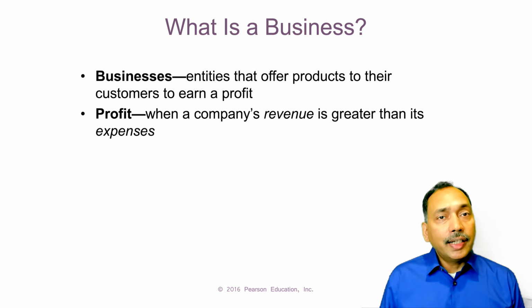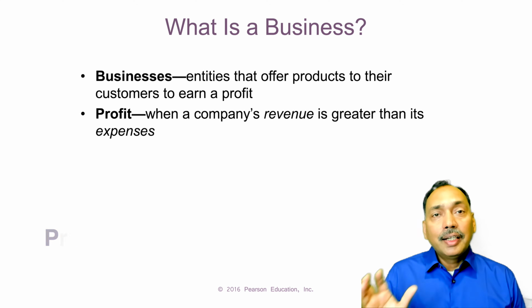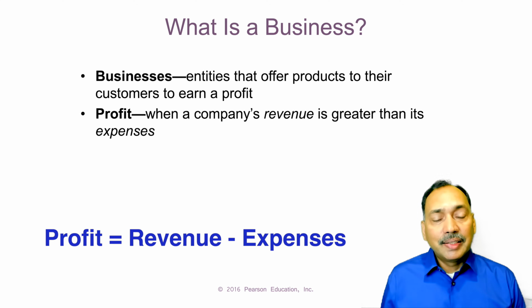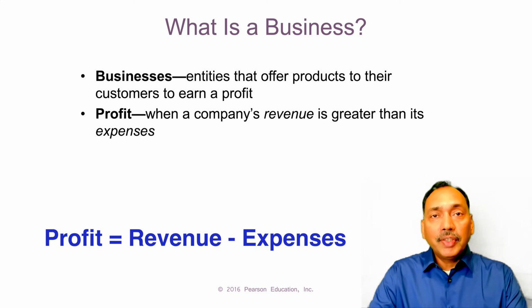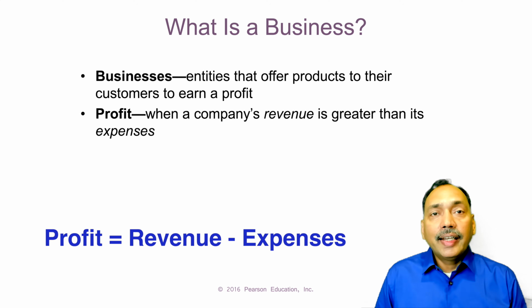So naturally, the next question is what is profit? A very basic equation of any business is profit equals revenues minus expenses. Revenue is the money that we get as a business and expenses are the money that goes out.